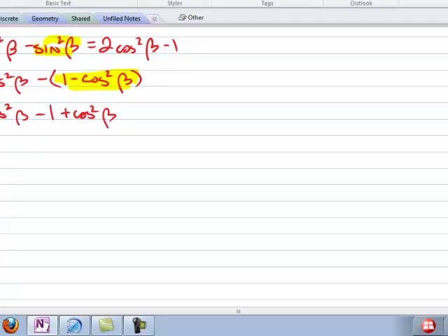What do we do next? Take a guess. Yeah, we should definitely combine them. We have a cosine squared and a cosine squared. That would give us 2 cosine squareds minus a 1.